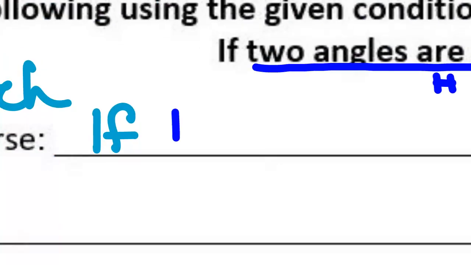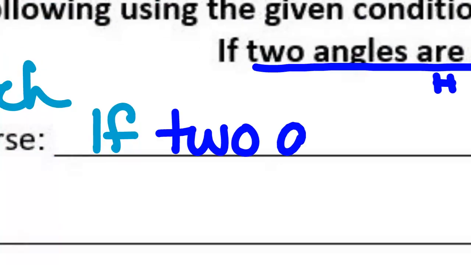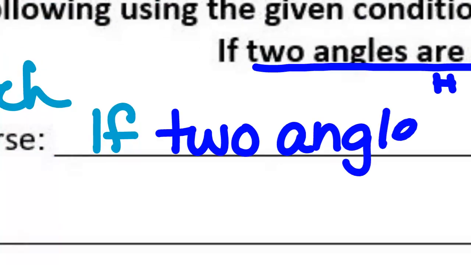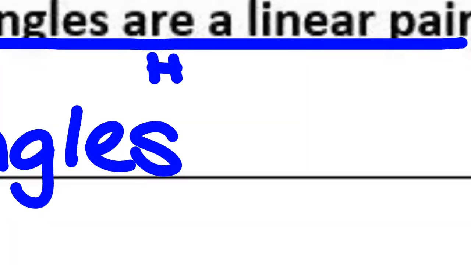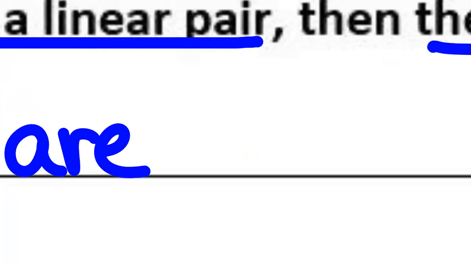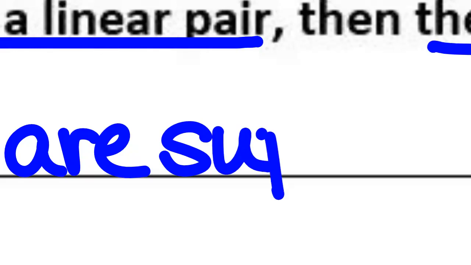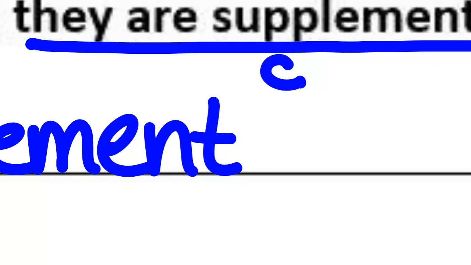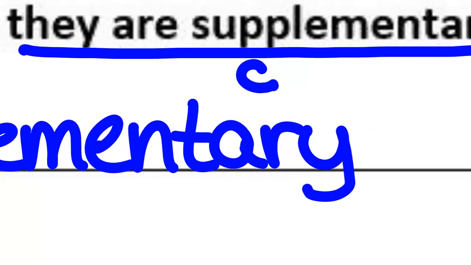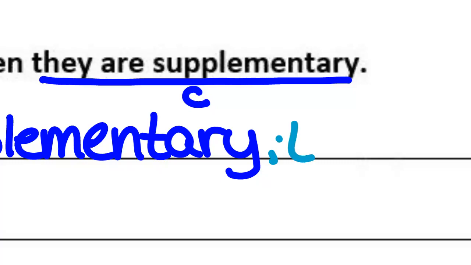Two angles. So if two angles are supplementary, then they are a linear pair.